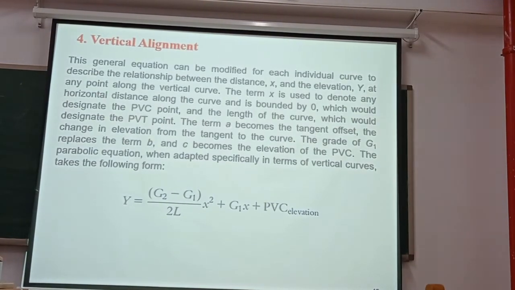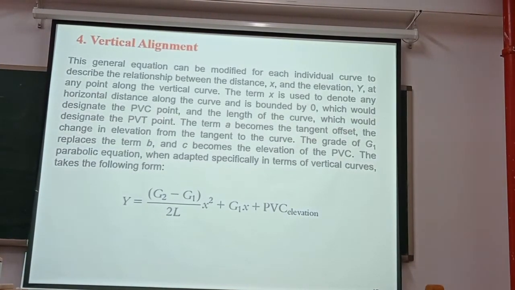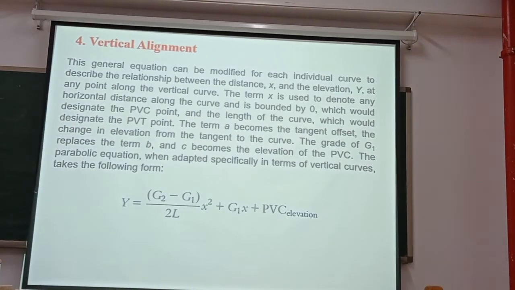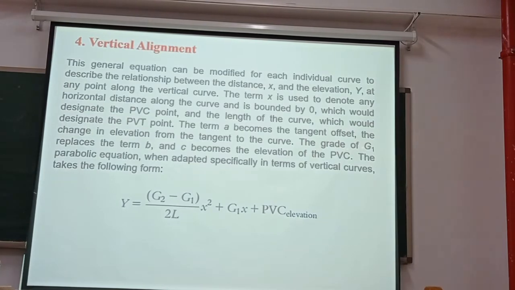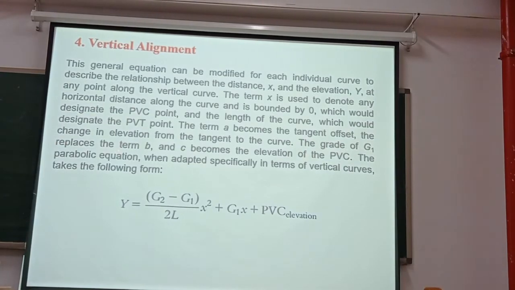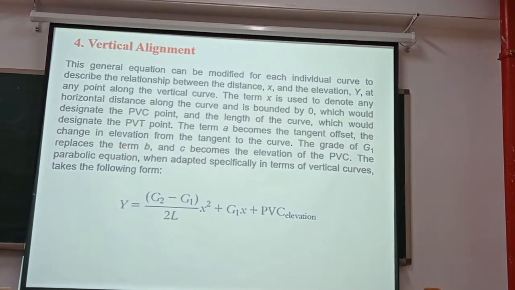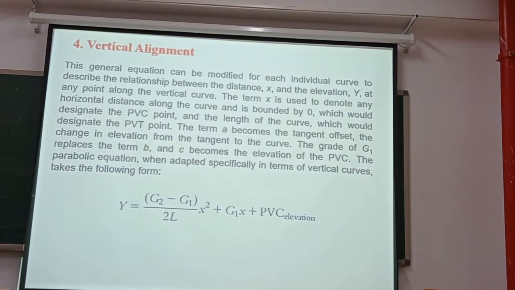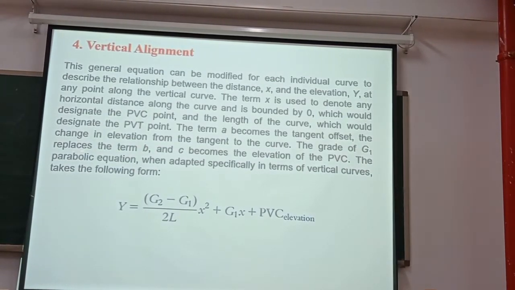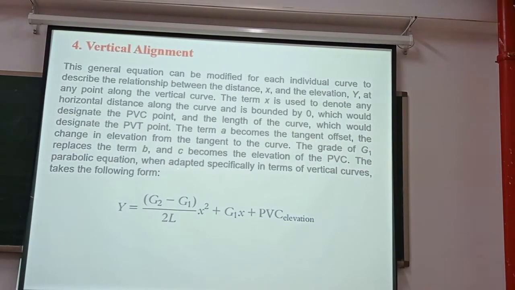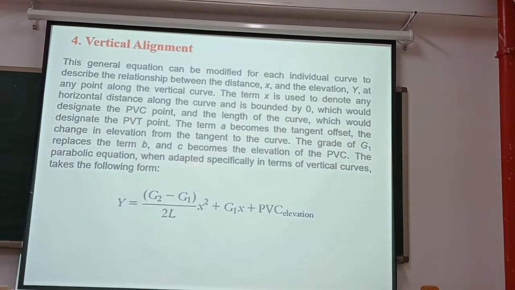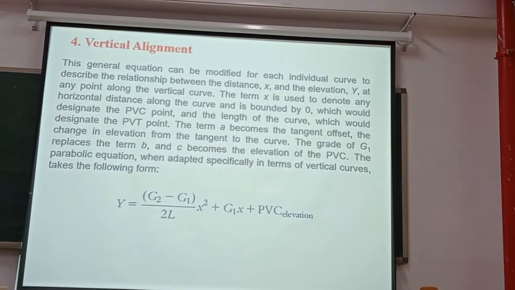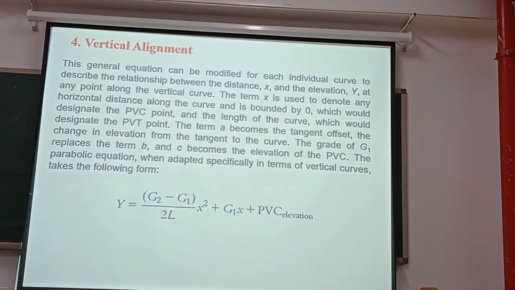The term A becomes the tangent offset, the change in elevation from the tangent to the curve, and the rate G1 replaces the term B, and C becomes the elevation of the PVC. So the parabolic equation specifically in terms of vertical curves takes the following form.